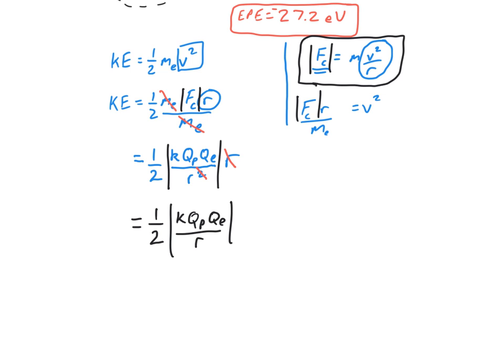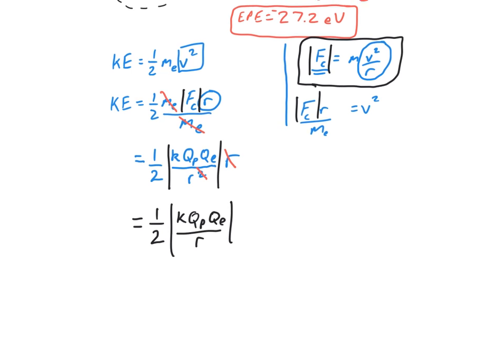This we've seen already. This we've calculated already. It's exactly this. So what is going to be the kinetic energy? The kinetic energy is going to be 1/2 of the magnitude of the electric potential energy.